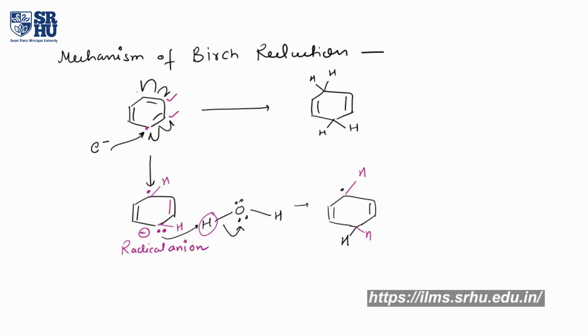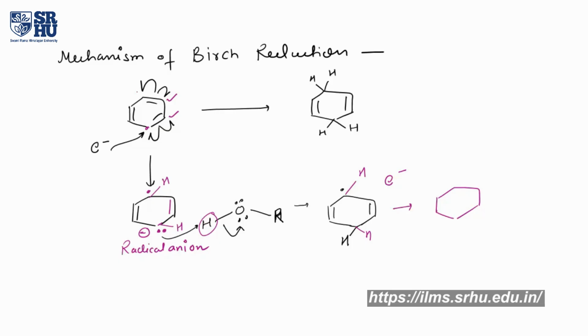Now again, as you can see, at this position there is a radical. Again, an electron from the solution comes and makes it a radical anion. Pardon me for the mistake.